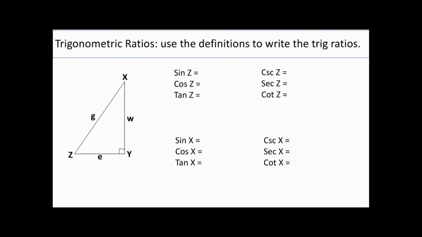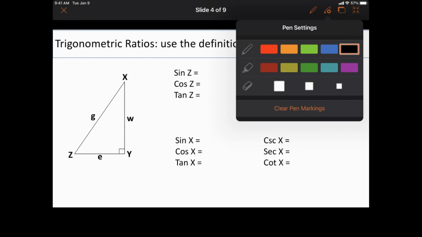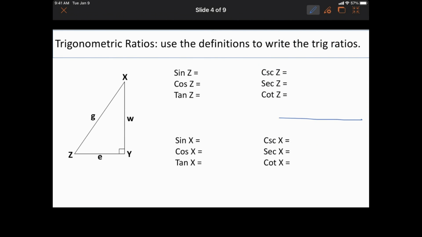So let's practice. All right, so we're practicing the trig ratios. And we can see this is for z, and then this is for angle x. So if we're looking for angle z, I'm doing it in blue. This is my hypotenuse, opposite, adjacent. Okay, so my sine is opposite over hypotenuse. Cosine is adjacent over hypotenuse.